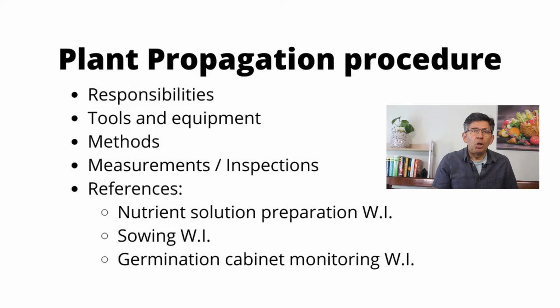For example, you could write a procedure for the plant propagation department, including the responsibilities of different people, the tools and equipment that are used in that department, the acceptable methods, what measurements are carried out to keep the section working as planned, and a reference to other documents that explain in more detail how certain critical jobs are meant to be performed.